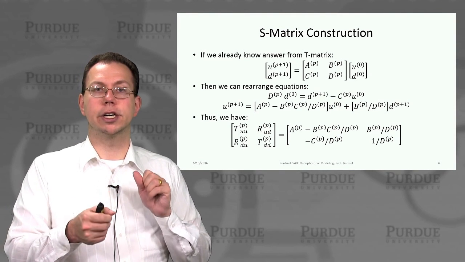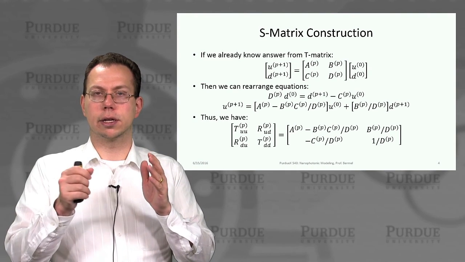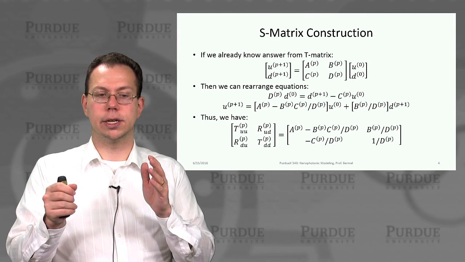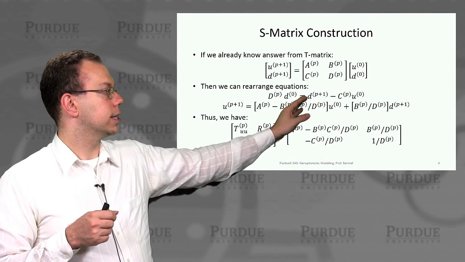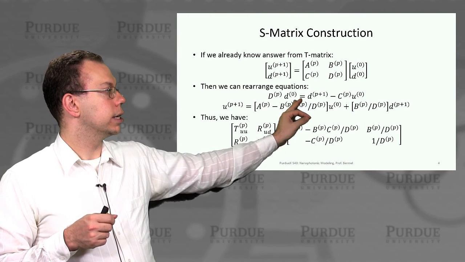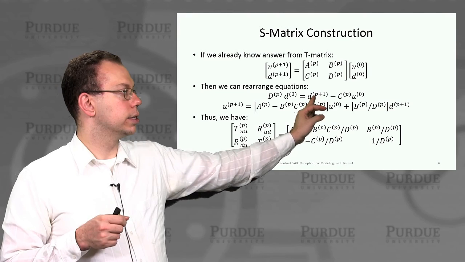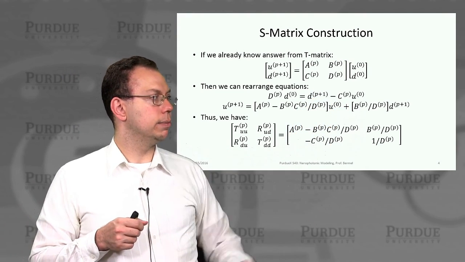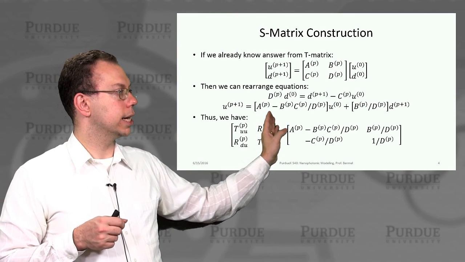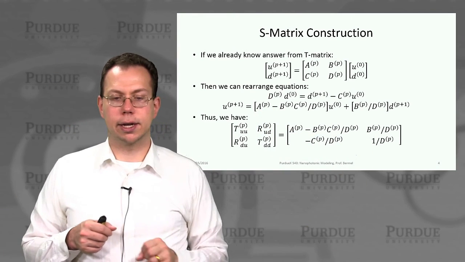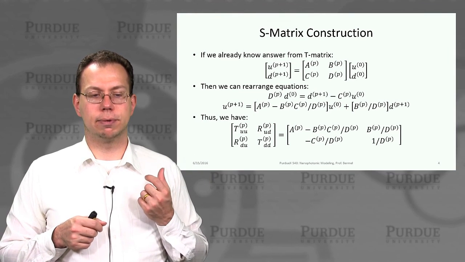Okay, so we basically are just moving around the terms, writing out term by term all the equations, and then re-equating them. And so then that gives us something like this. So we have the capital dp times lowercase d naught equals dp plus 1 minus cp u naught. And then you can see, I won't read out the second equation, but you got something analogous for up plus 1, a little more complicated.